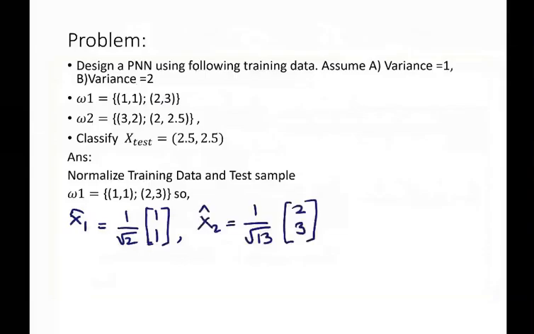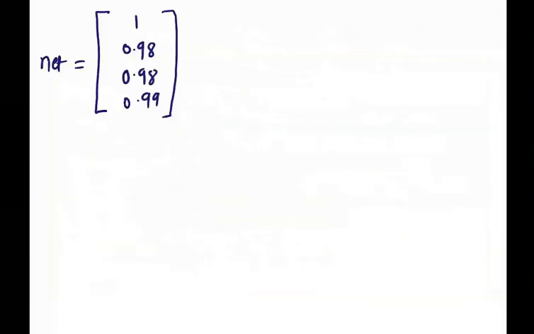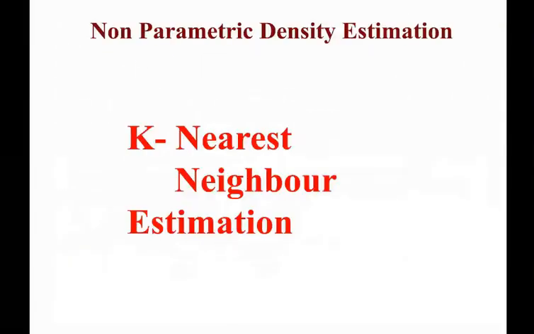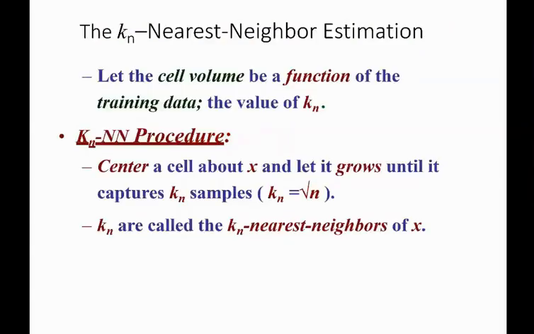Now the next concept is known as K nearest neighborhood estimation or K nearest neighbor estimation. This is also a non-parametric density estimation method. Now the Parzen window is called a shrinking window method.